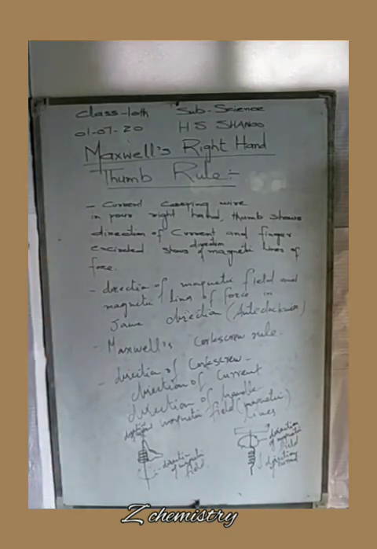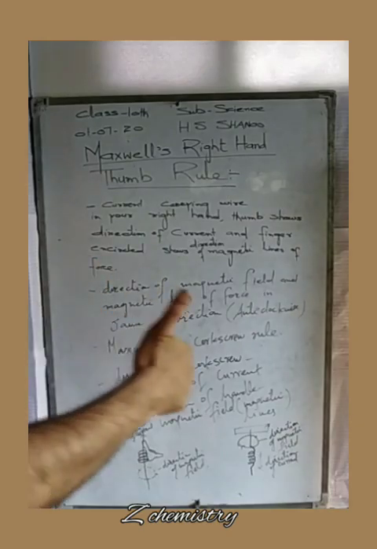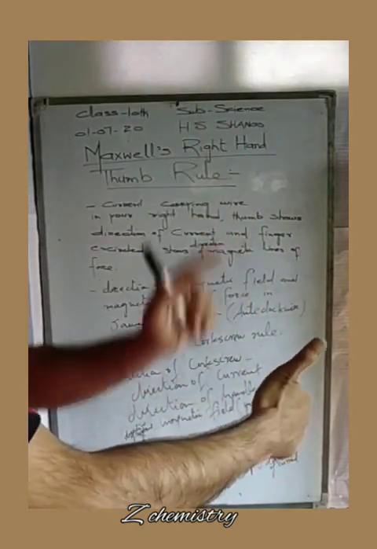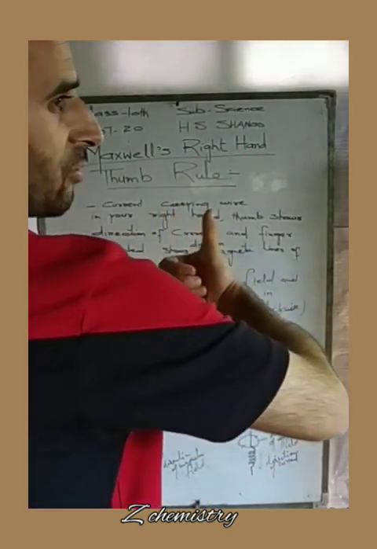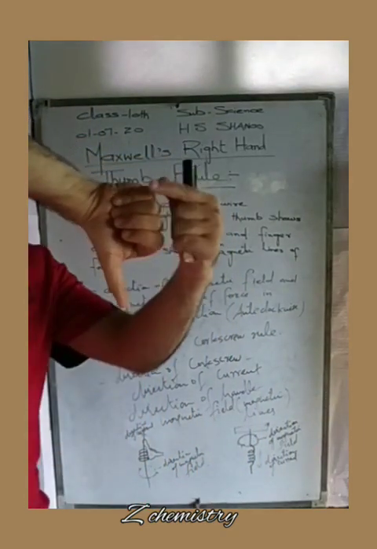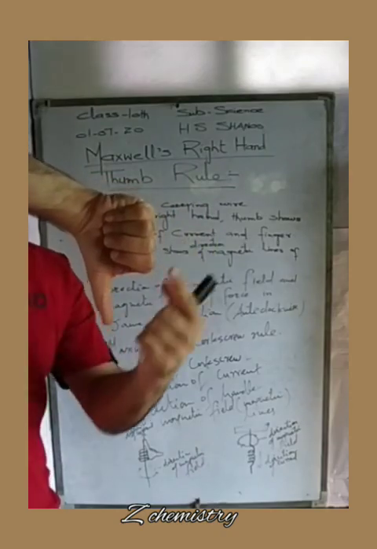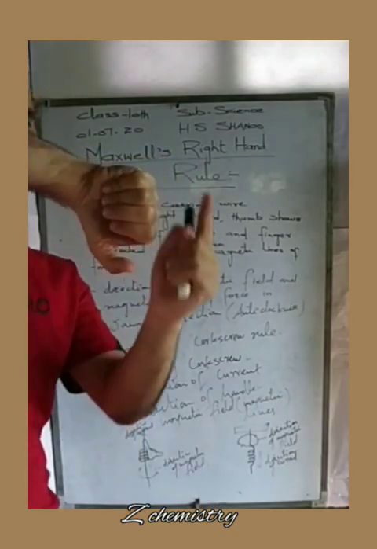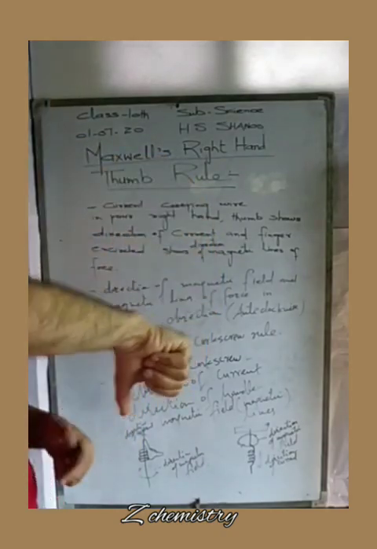If the current is upwards, the magnetic field lines will be anti-clockwise. If the current is downwards, the magnetic field lines will be clockwise.